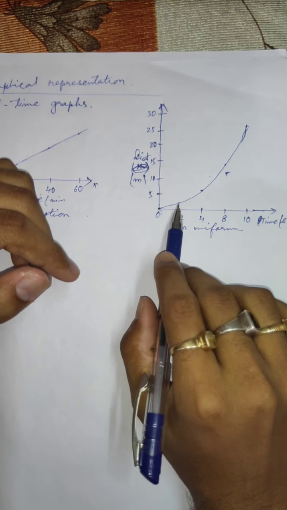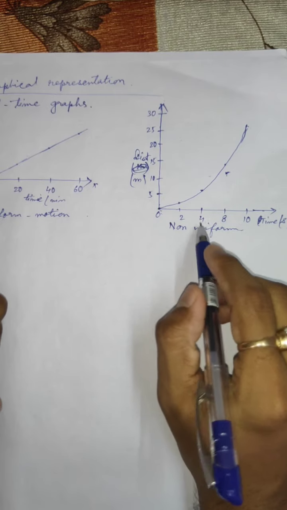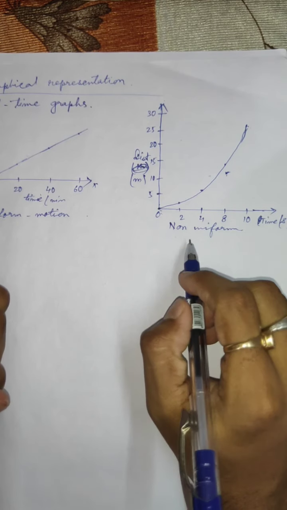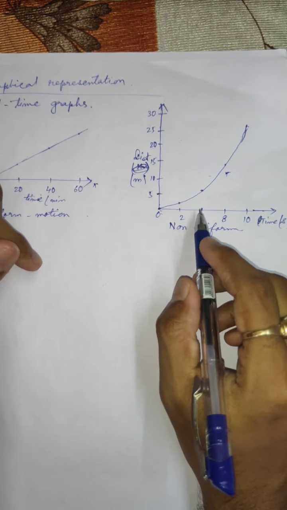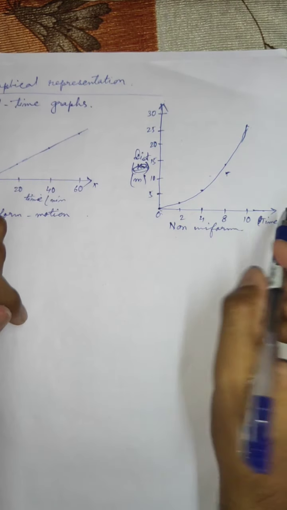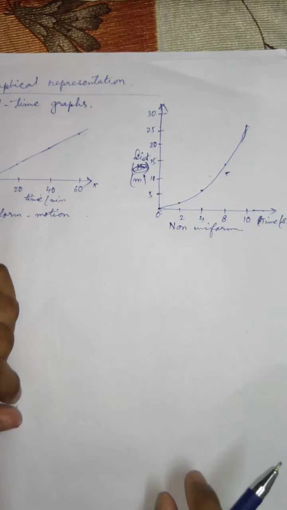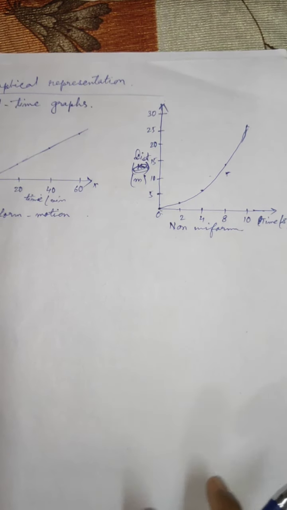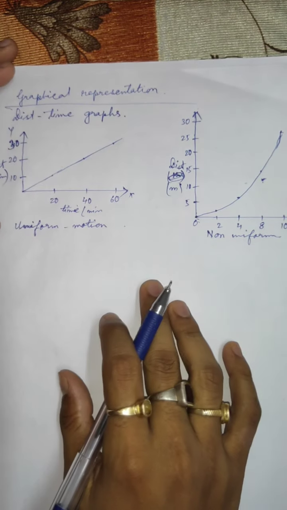In the first interval, it has traveled a distance of say 1 meter, and then 6 meter, and in the next 2 seconds 15 meter, and in the next 2 seconds 26 meter. So these are unequal distances, and when you plot this, it will be simply a curve. So this is the case of distance time graph.